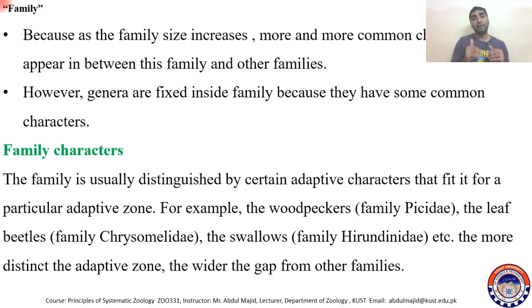But as we go up, to genus and then to family and so on, the characters become very prominent and conspicuous. In the case of family, sometimes it is very clear when we look at an animal, we just say this animal belongs to this family because the characters are very prominent. Usually a family is established by accepting certain adaptive characters that fit a particular adaptive zone.